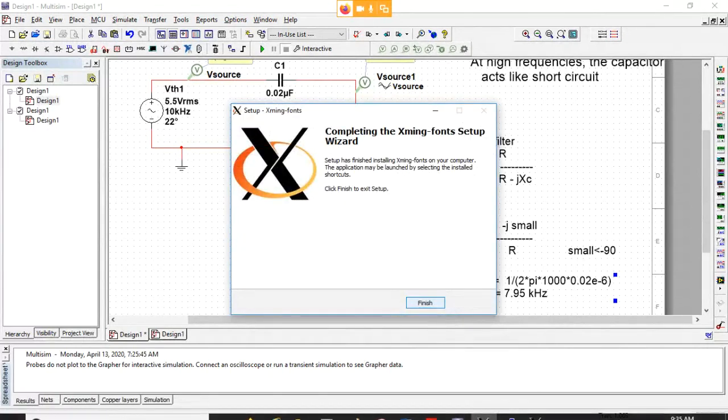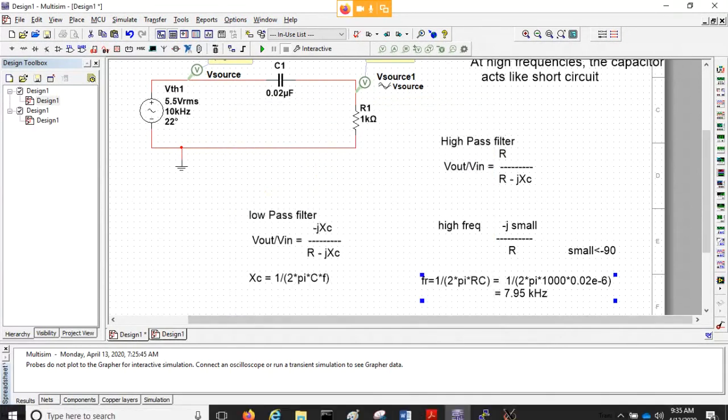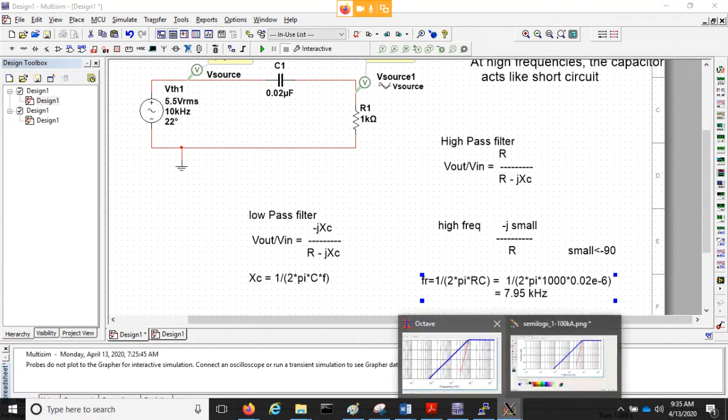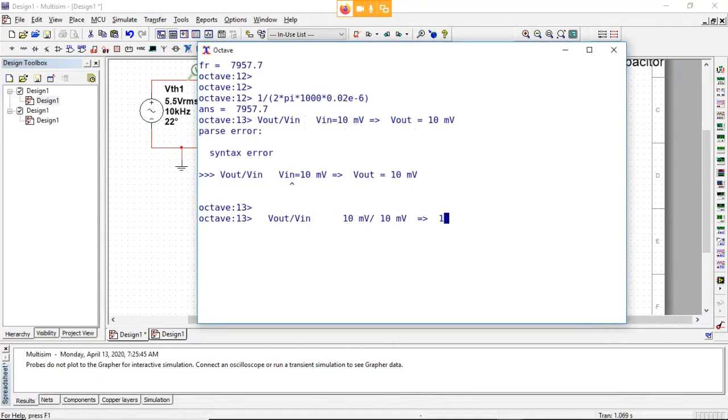So let me get back here. I was just setting this up so I could do the thing. So let me get back to Octave here, right? So remember that power in decibels, the equation for that is 10 times log power out divided by power in.